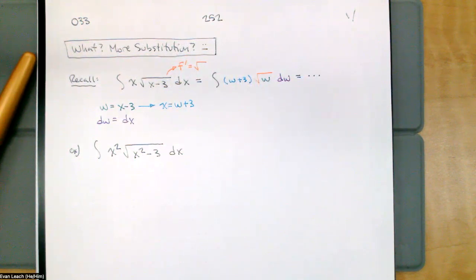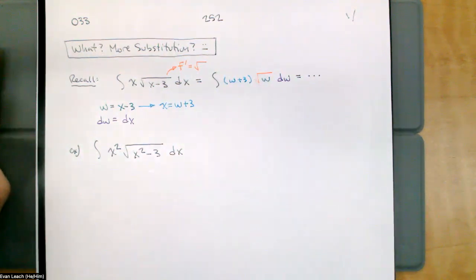Then the next example, the one that we left undone yesterday, had a similar setup. I've got a square root of x squared minus 3 with another x squared out in front. And the question was, why can't we do the same thing here that we did in the other one?